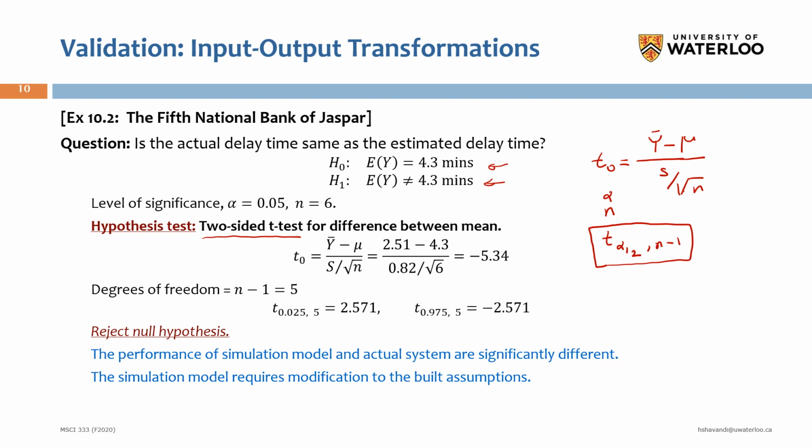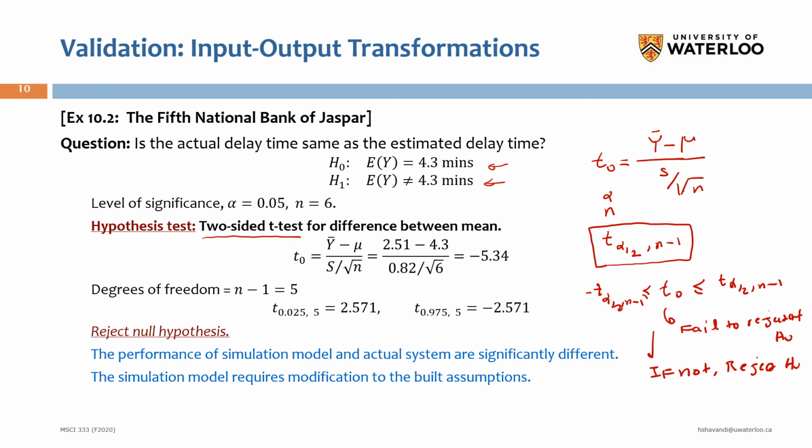Then if the t0 lies between minus t half alpha and n minus 1 and t half alpha and n minus 1, then we fail to reject h0. If not, then we reject h0. Okay, so this is how we do the t-test analysis here.